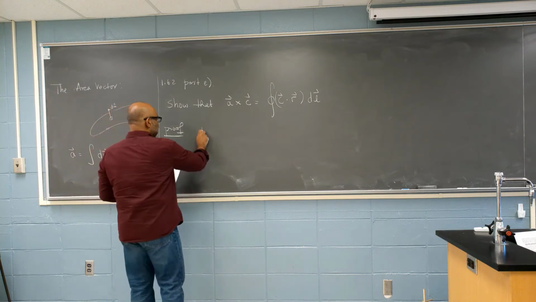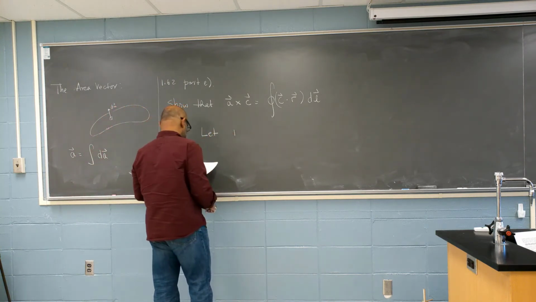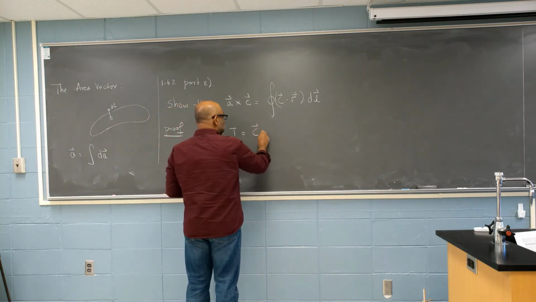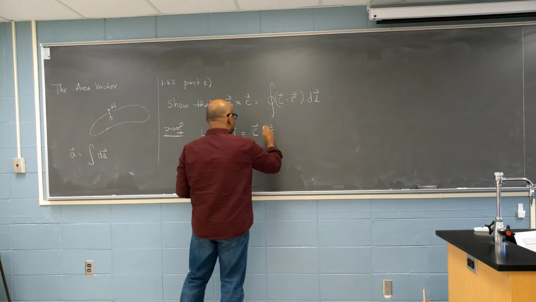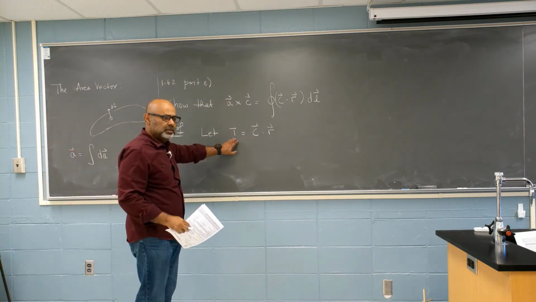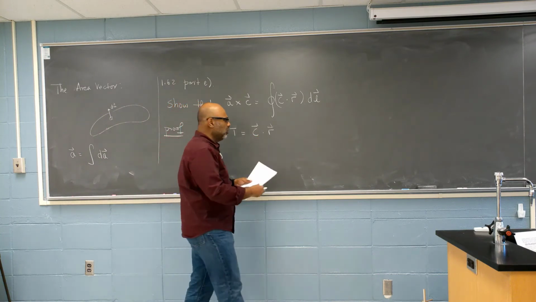So first of all, let T equal C dot R. T is a function I'm defining. That is C times the position vector. When I say R, what do I mean?